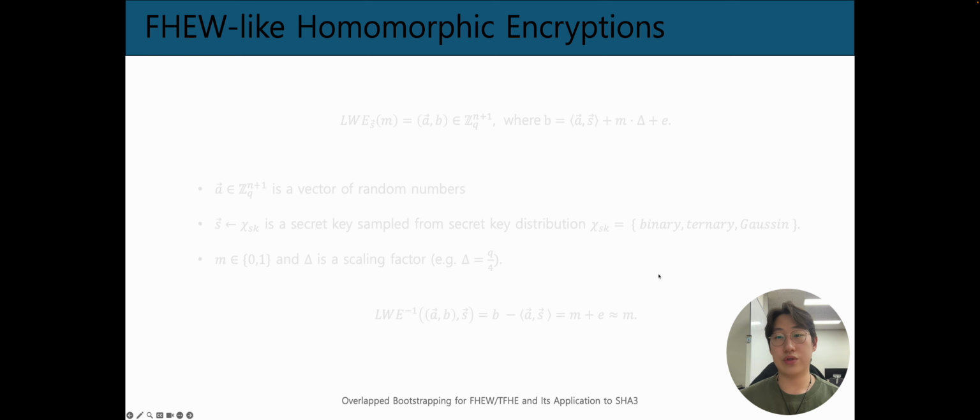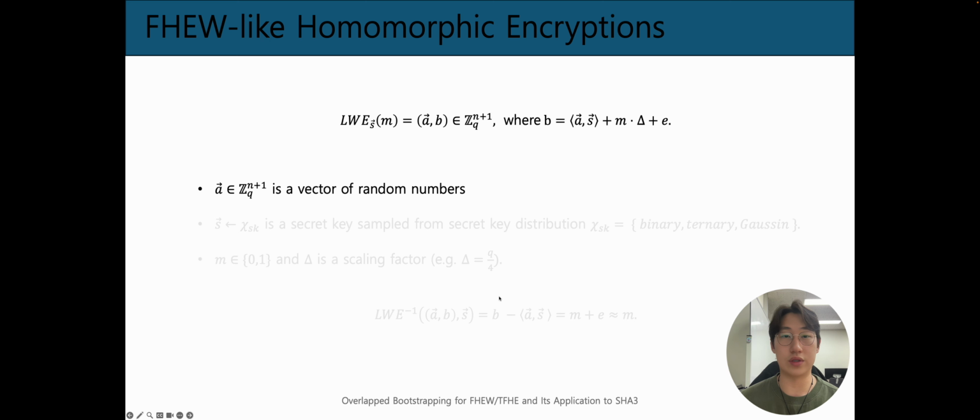Now we introduce encryption and decryption used in FHEW-like schemes. Encryption is simply performed by adding a scaled message to the inner product of A and S, along with a small amount of noise. Here A represents random numbers, while S is the secret key. The secret key S is sampled from a binary, ternary, or Gaussian distribution.